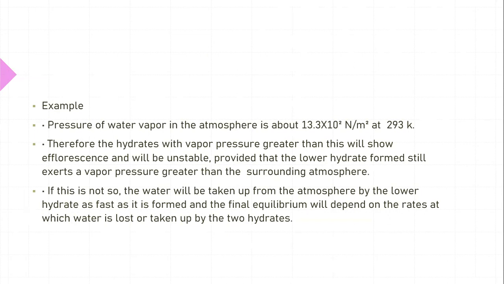If this is not so, the water will be taken up from the atmosphere by the lower hydrates as fast as it is formed, and the final equilibrium will depend on the rates at which water is lost or taken up by the two hydrates.